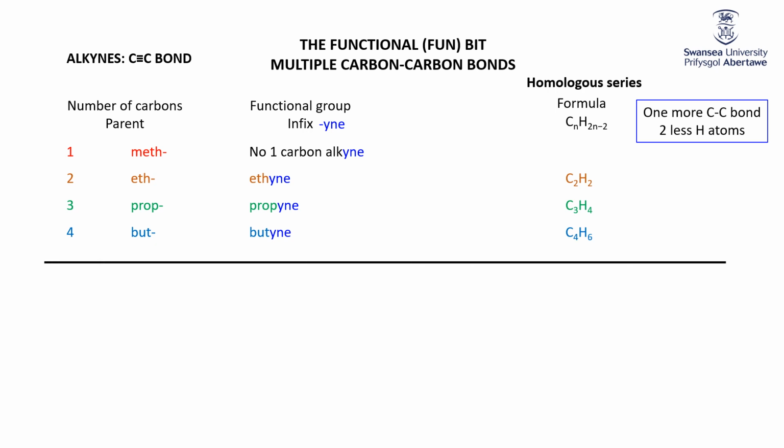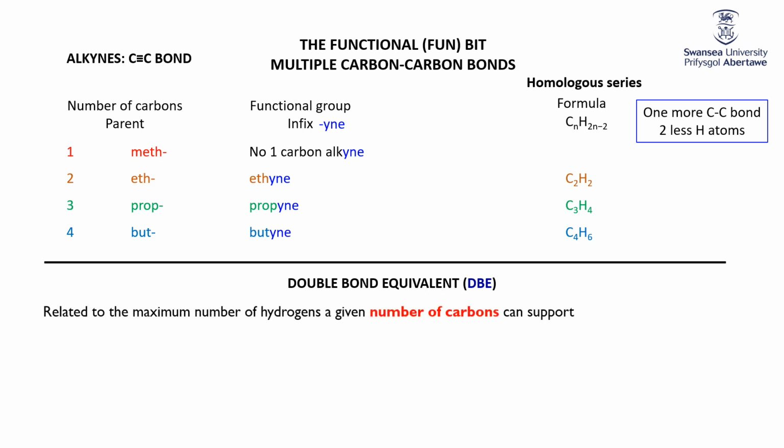Now at this stage, I'm going to introduce, and we'll come back to this towards the end of the video, a very important concept called the double bond equivalent, or DBE. And this is related to the maximum number of hydrogens a given number of carbons can support. Okay, double bond is 1 double bond equivalent, triple bond is 2 double bond equivalents because we made 2 extra carbon-carbon bonds, and of course a ring is 1 double bond equivalent.